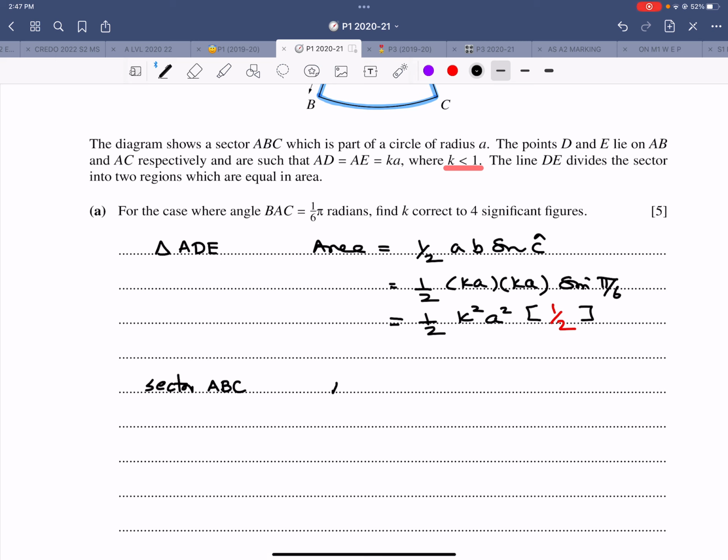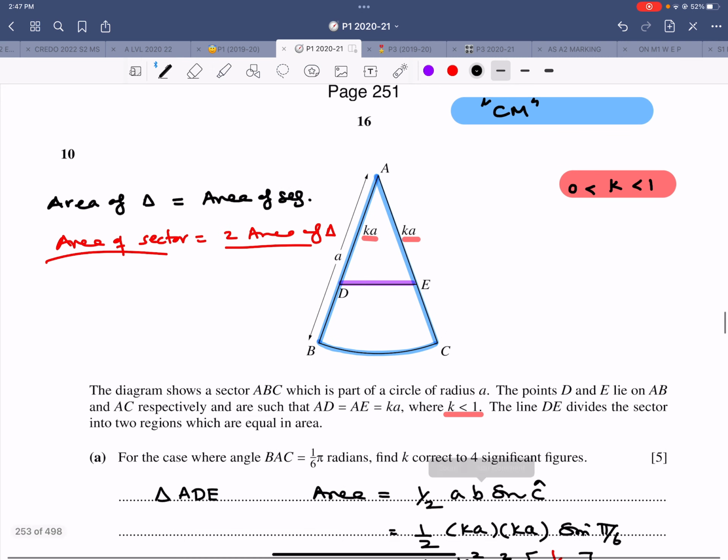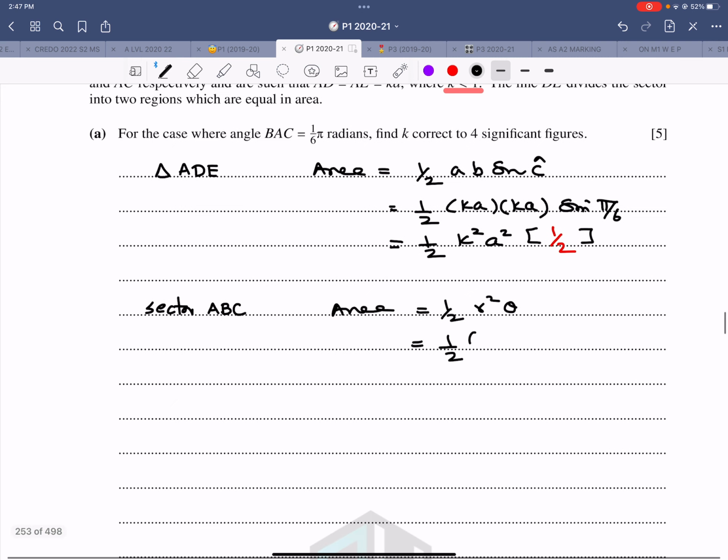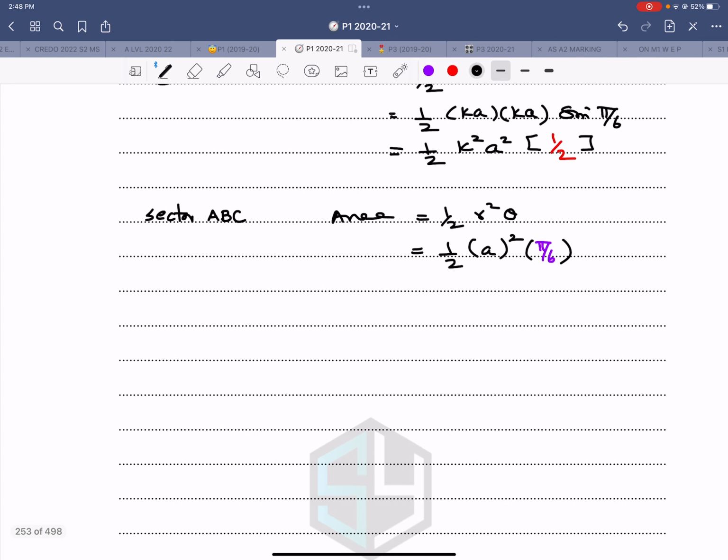The formula for area is half r square theta. That is half, and the radius is A, so A square, and theta is pi by 6. Done? Now this area, half into A square into pi by 6, is 2 times half into K square into A square into half.